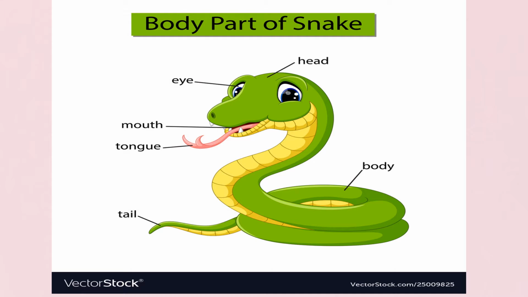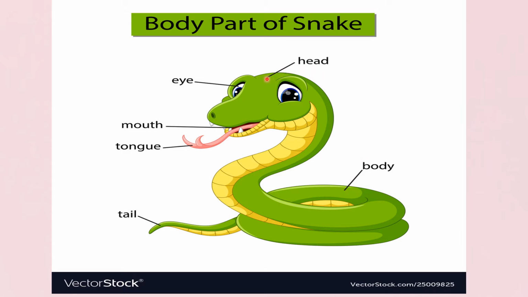Next is snake. Here is the picture of the body parts of a snake. So this is the head part, eyes, mouth, tongue, tail, body. A snake has one head.